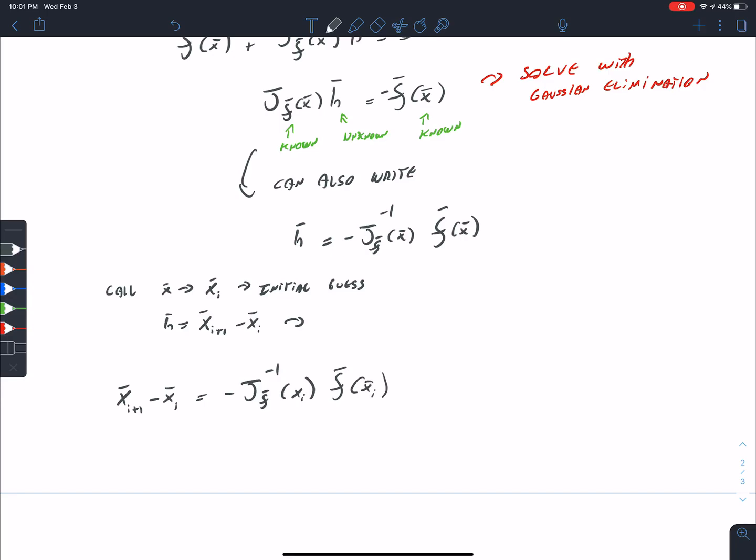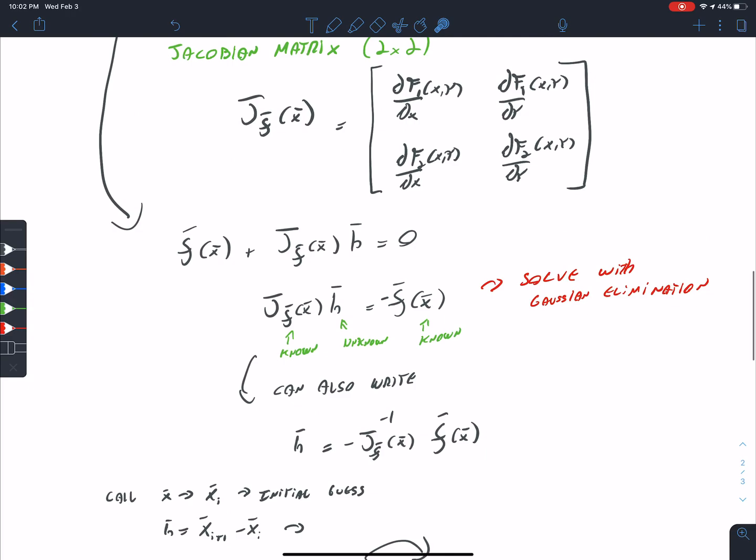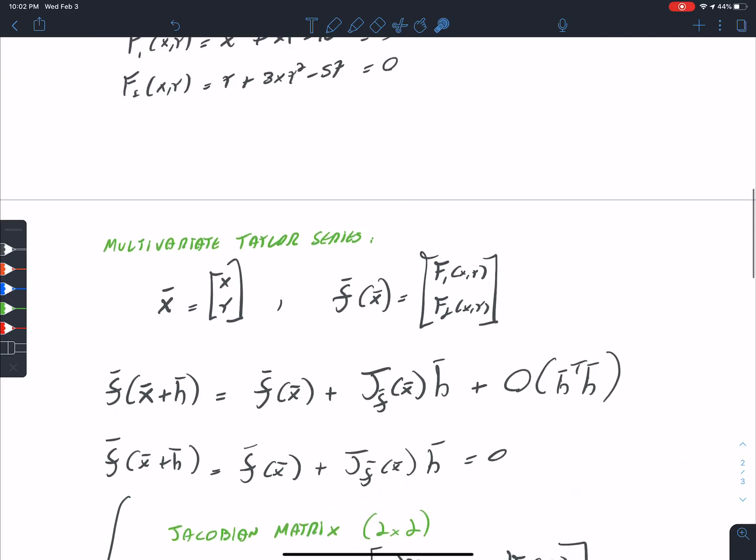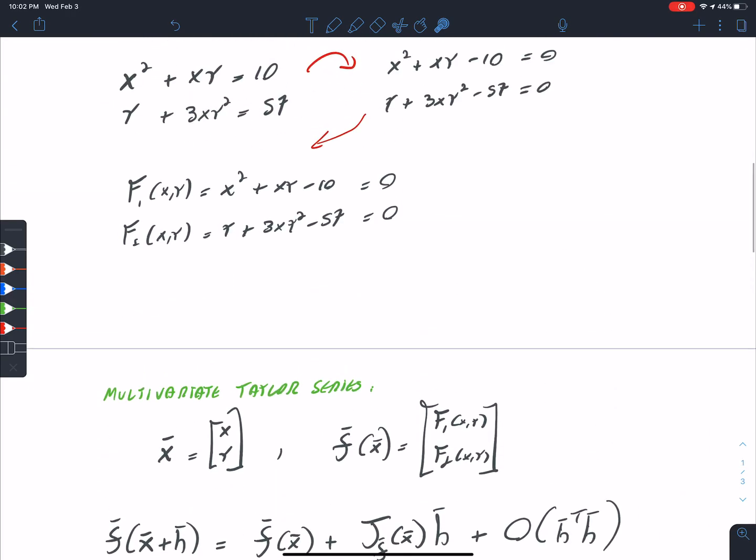Once again, we can take this, subtract x_i from both sides, where we can write x_{i+1}, my new version for the two values. Now we're solving a 2x2 system of equations. These are nonlinear equations. Here's the example we started from, for example.